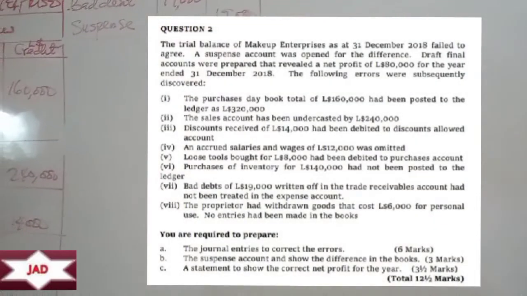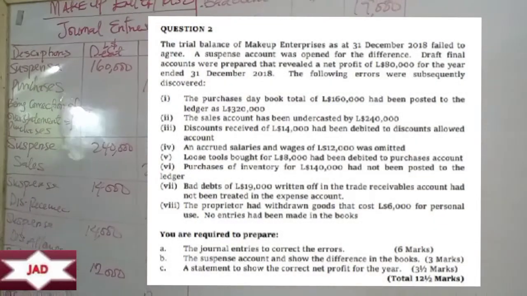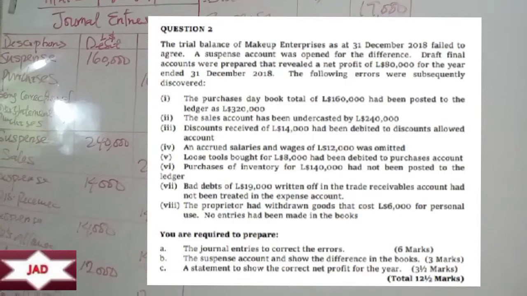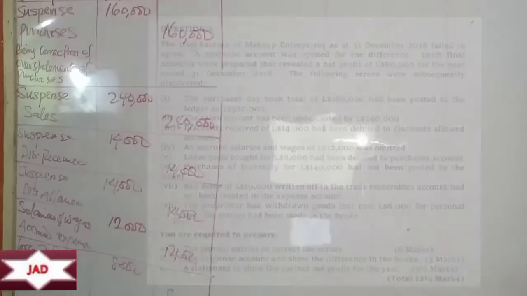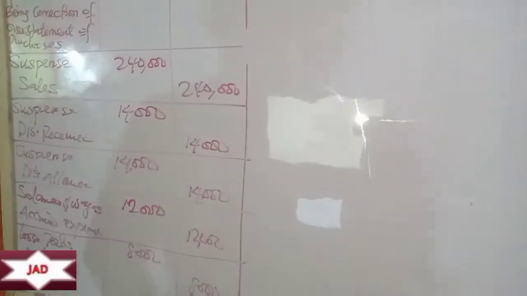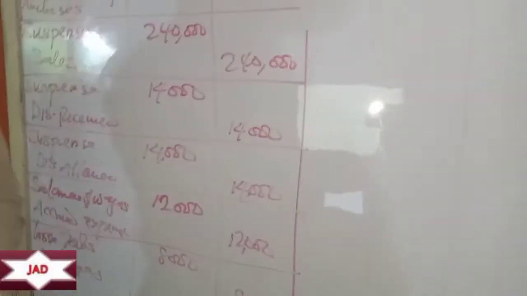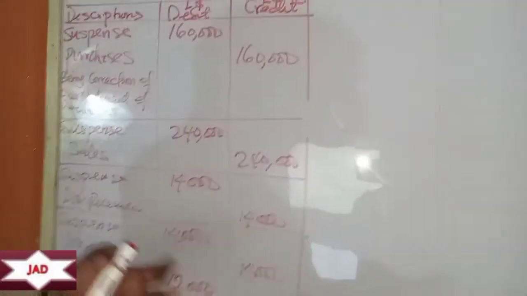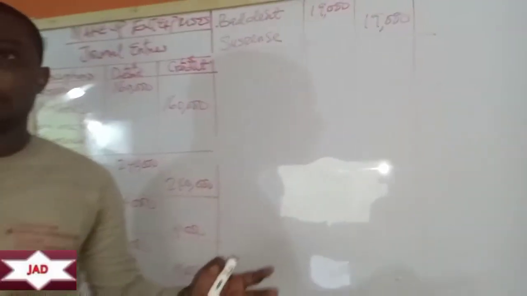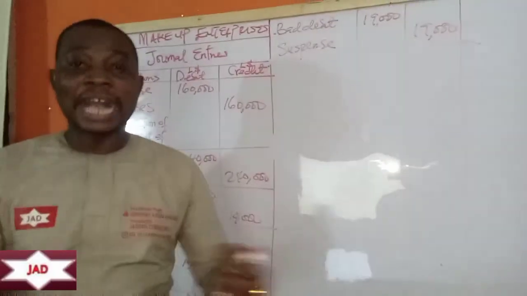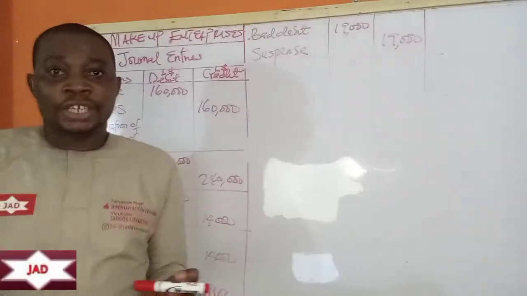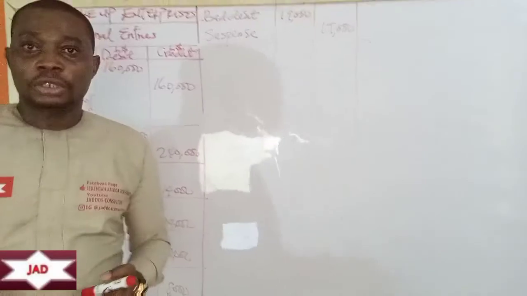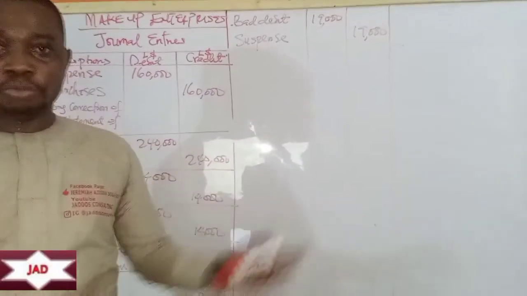The proprietor has withdrawn goods that cost $6,000 for personal use. No entry has been made in the books. Remember, drawings simply means taking product or cash for personal use. You own a business, okay? Usually you sell what you are dealing in, and you buy and then you sell.